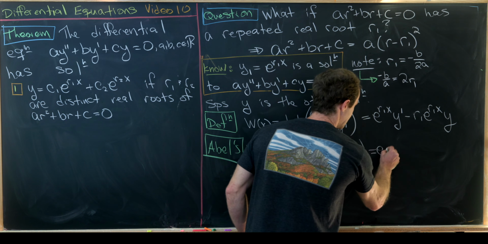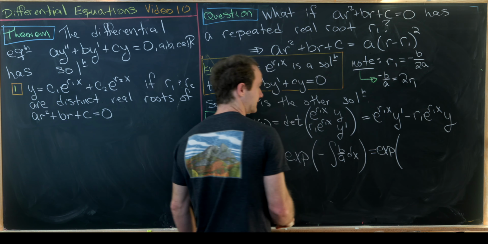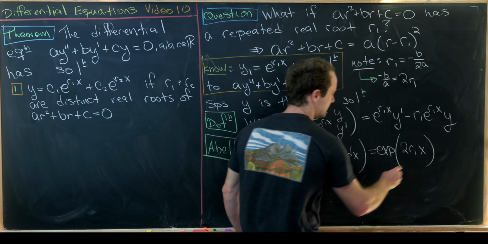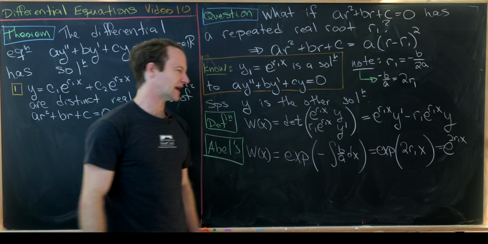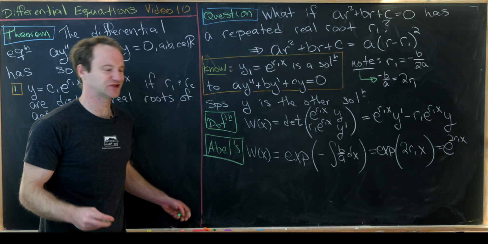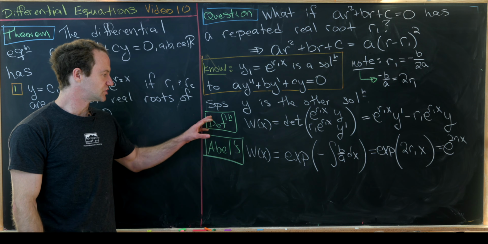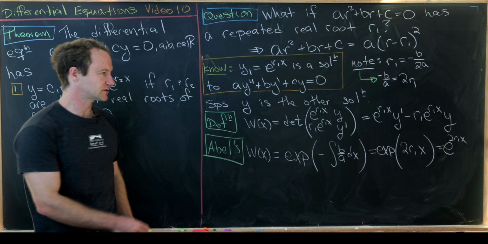Okay, so here we have the exponential of the antiderivative of 2r1, so that'll be 2r1x. But that's just e to the 2r1x. I just write the exp out when I put integrals in there, just so it's a little bit easier to look at. Okay, nice. So what we did is calculate the definition of the Wronskian and Abel's Wronskian.